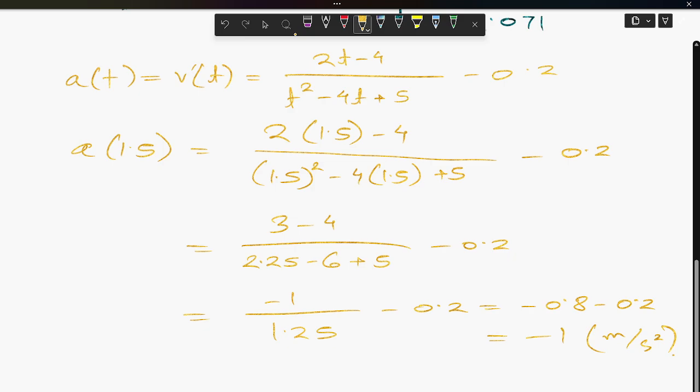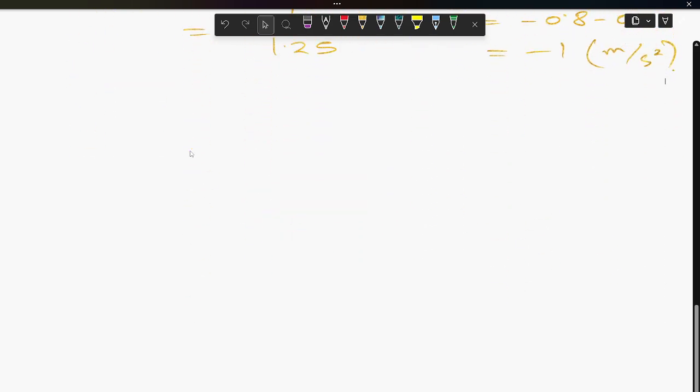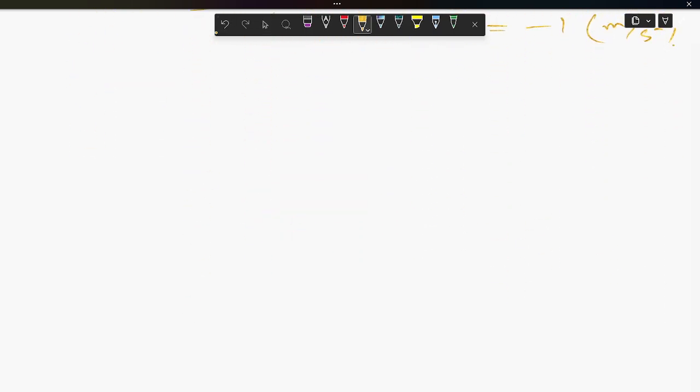So now step 2 will be to determine if the speed is increasing or decreasing. So speed will be what? The speed will be the mod of v of t. Very good.